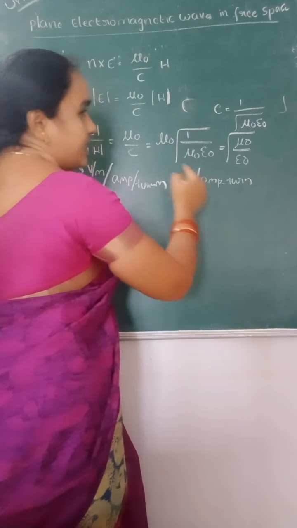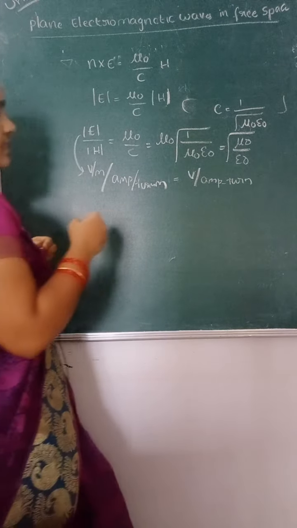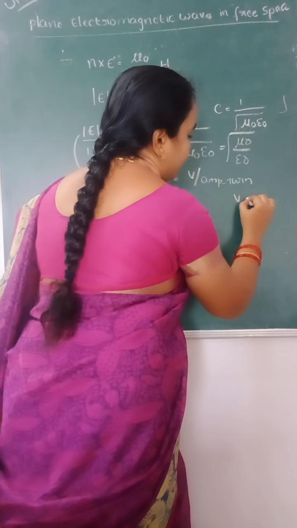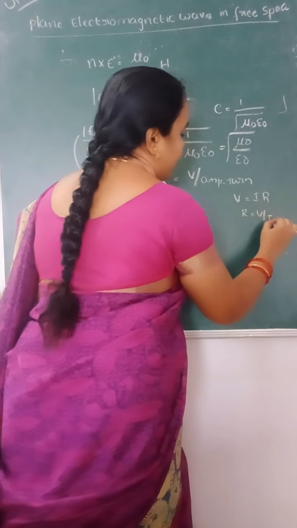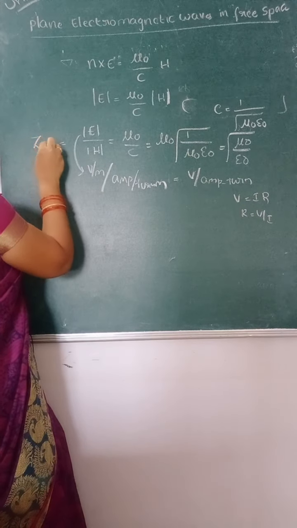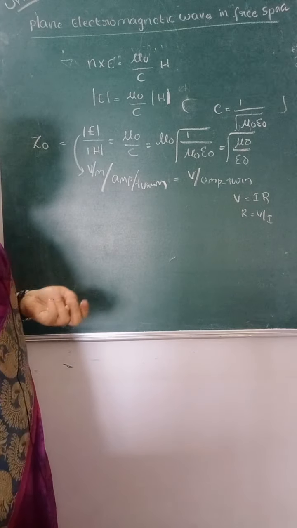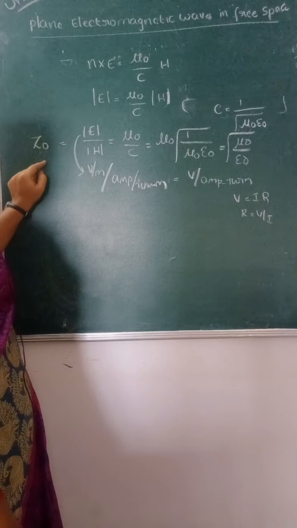These are the units of resistance, that is V is equal to IR, then R is equal to V by I. So this term has the units of impedance or resistance. This term is represented with Z0.